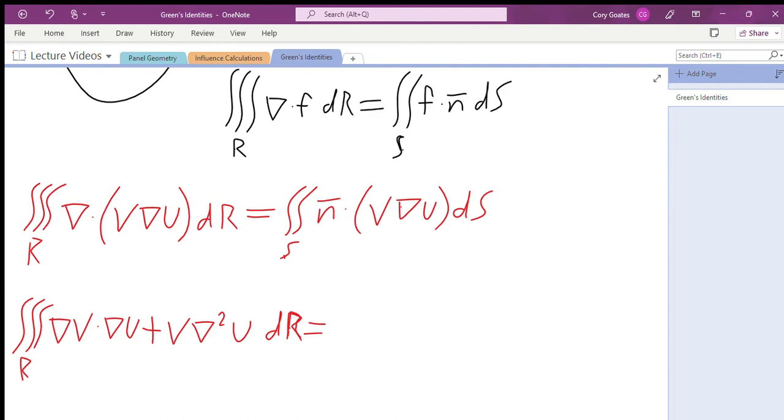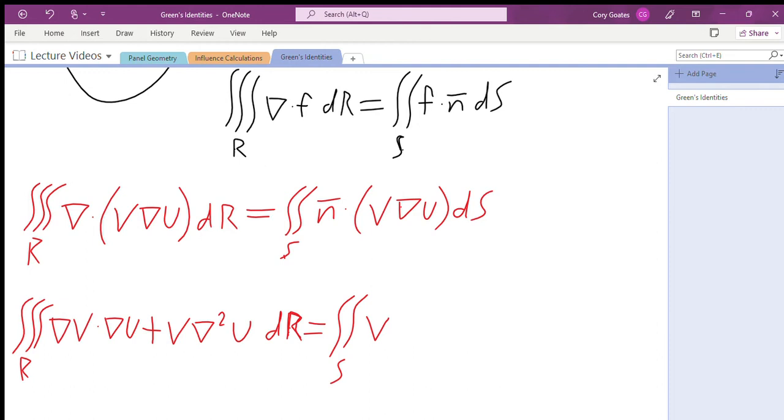And then let's do the right hand side now. v is just a scalar that's multiplying this vector, grad u, and so the dot product goes only onto the vector part of it. So we've got the integral over S of v times, now if you'll remember, again from multivariable calculus, if we take a unit vector dotted with a gradient, what do we have?